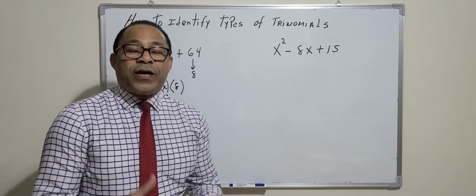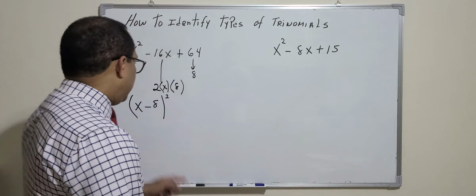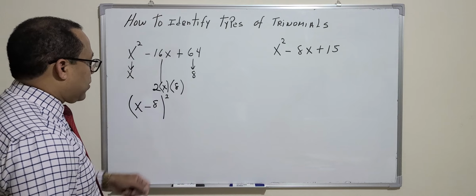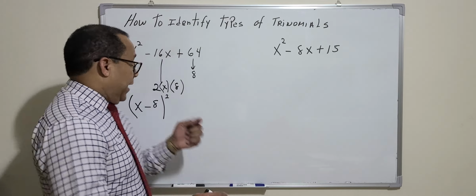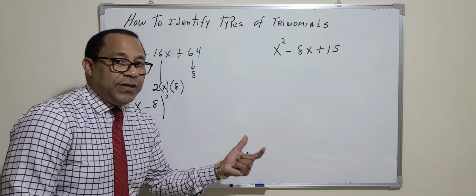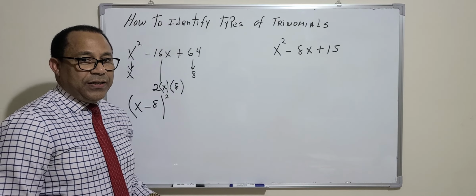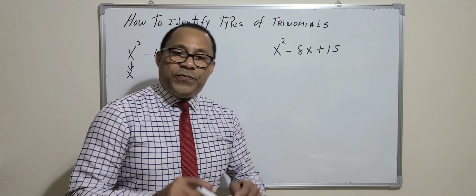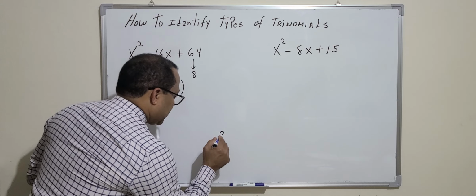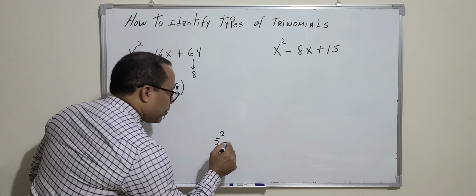Now, how can we prove this? Well, like this. If we get x minus 8 to the second power, it means x minus 8 times itself, times x minus 8. Let's make it easier. If we say 5 to the second power, it equals 5 times 5, which is 25.